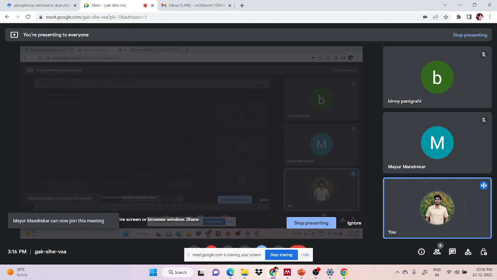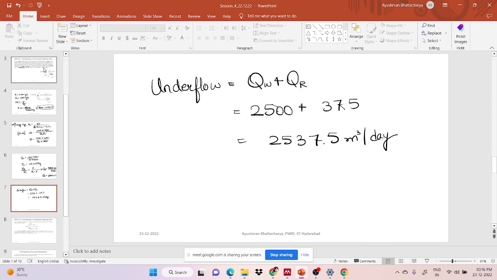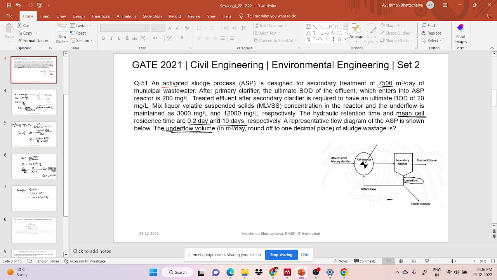Since one person again joined, I will just again discuss this question. Basically in this question they are asking: an activated sludge process has been designed for the secondary treatment of this much amount of wastewater. After primary clarification, the ultimate BOD in the effluent which enters the ASP is 200 milligram per liter.